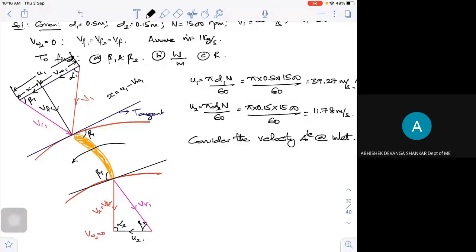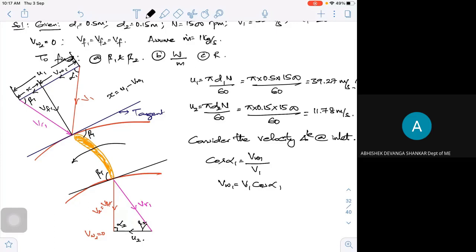What is cos alpha 1? Cos alpha 1 is equal to VW1 divided by V1. So that is your adjacent side by your hypotenuse. So VW1 is equal to V1 cos alpha 1.